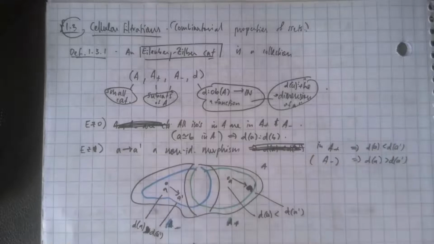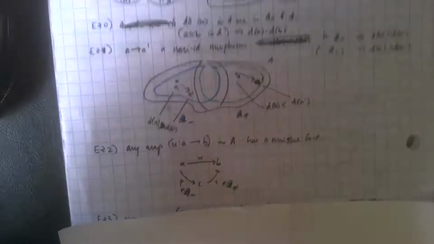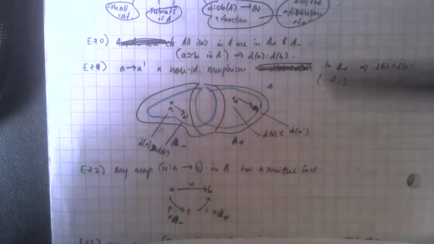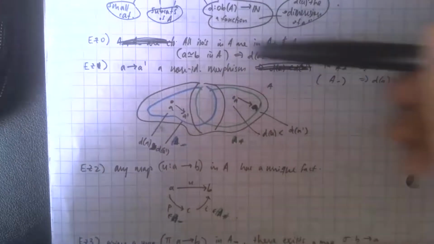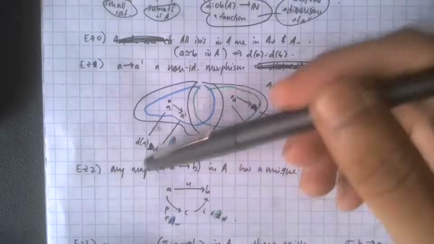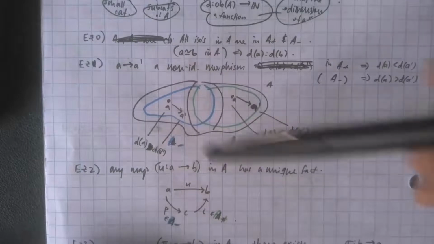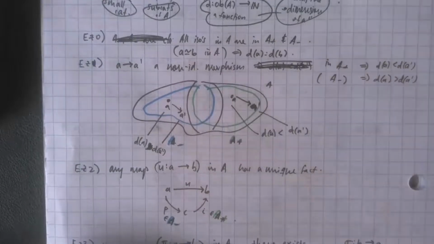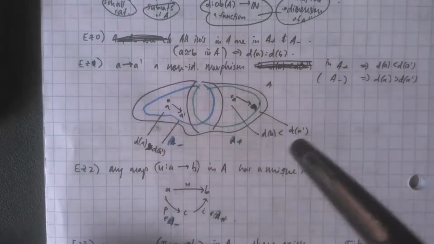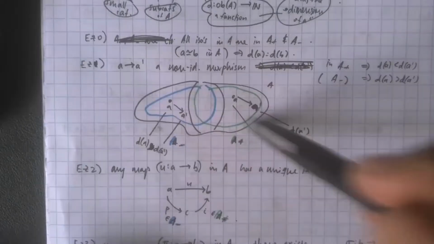It satisfies these properties: A plus and A minus contain all the isomorphisms, and then this is my cartoon. If it's not helpful to you, again, don't worry about it. I misinterpreted this, so the cartoon is not totally accurate.